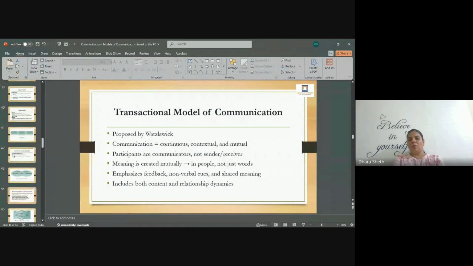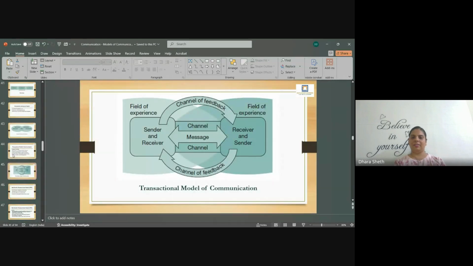Now, transactional model of communication, the third kind, where both side communication happens at the same time. Like this, sender and receiver and sender, there is field of experience around. Okay, the channel of feedback is there, the message goes both sides. There is also channel of feedback simultaneously at the same time.